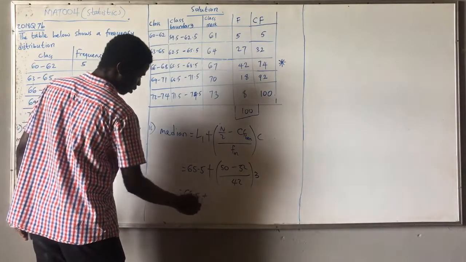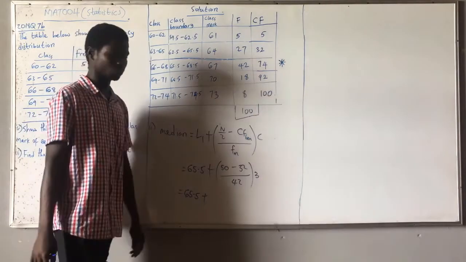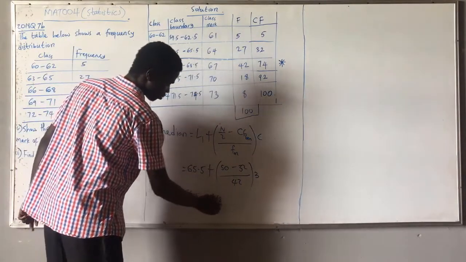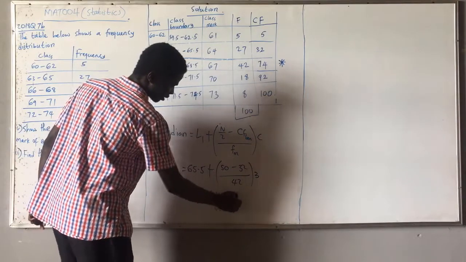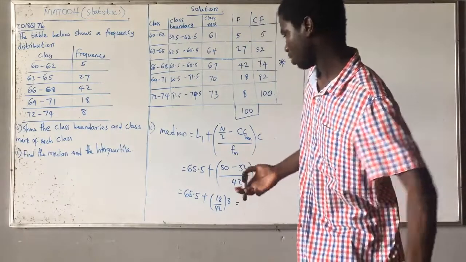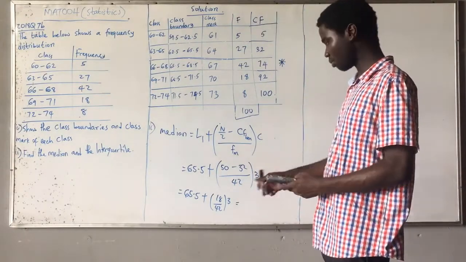65.5 plus 50 minus 32. 50 minus 32 will give me 18. So 18 over 42 multiplied by 3. This will give me 9 over 7.